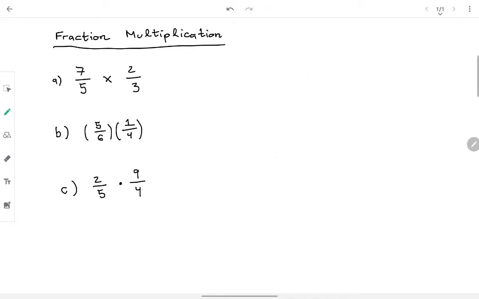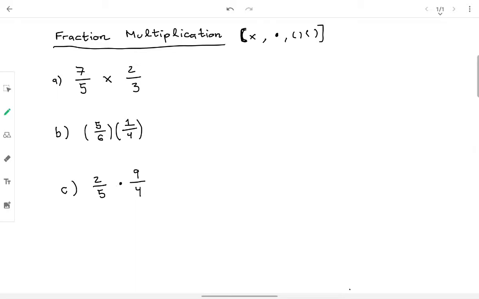So let's see. Multiplication has many signs. We can use an X to perform a multiplication. We can also use a point, or we can put some parentheses. So we can use many types of signs to make multiplications.